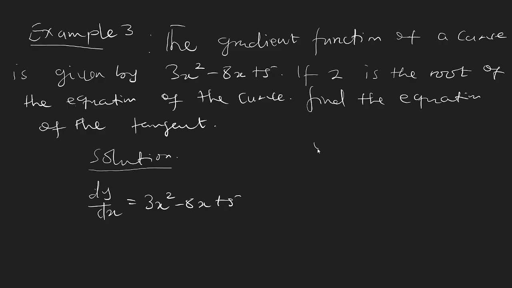Now let's say we are given the function y equals 2x cubed plus 2. When you differentiate this, you get the gradient function 6x squared. To get the function back, you take the antiderivative, which is integration. So we are going to integrate this to get our function back.